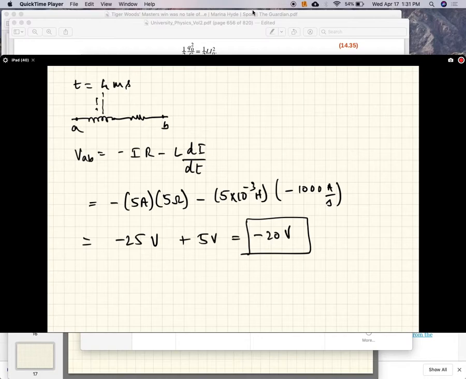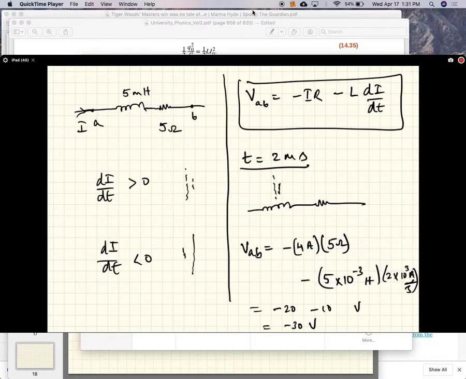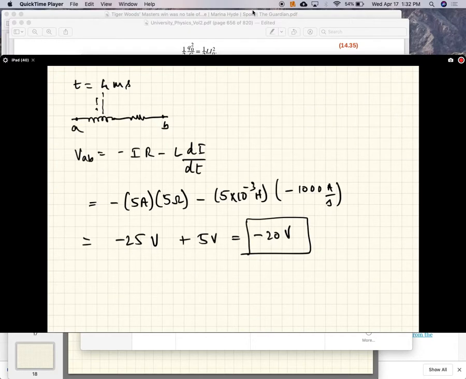All right, let's do the last case. I'll do it on a new sheet because I'm going to run out of space here. All right, so t equal to 8 milliseconds. At t equal to 8 milliseconds, the current is 2 amps. And di/dt was negative 500.